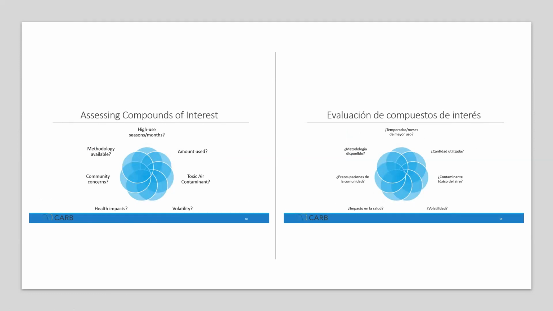Are they volatile, or a fumigant? That would allow us to sample in the air, because not all of these compounds would volatilize and be found in the air. We also consider health impacts, community concerns, and whether there are methods available for monitoring.